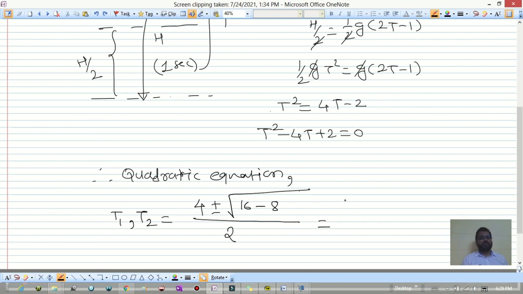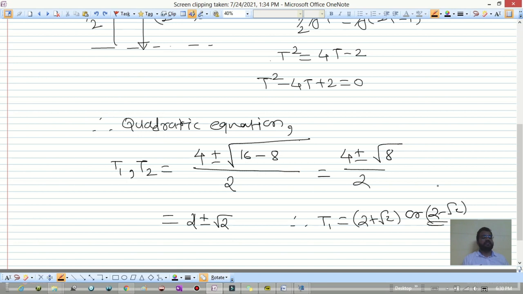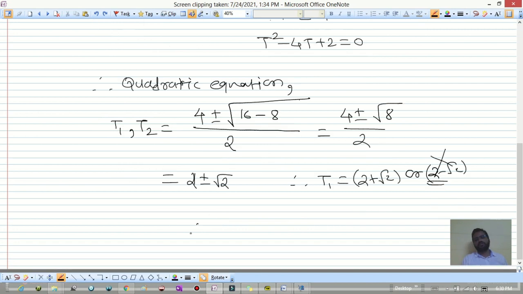So which is equal to 4 plus or minus square root of 8 divided by 2. If you just solve this, this is 2 plus or minus root 2. So therefore t we have is 2 plus root 2 or 2 minus root 2, but they are saying that in the final 1 second it will travel h by 2. This is lesser than 1 second, it is not at all possible.